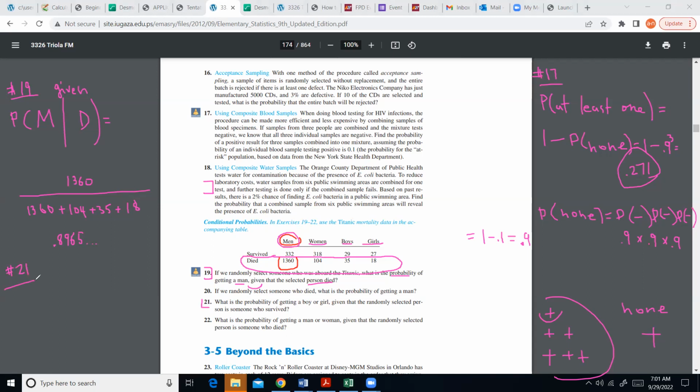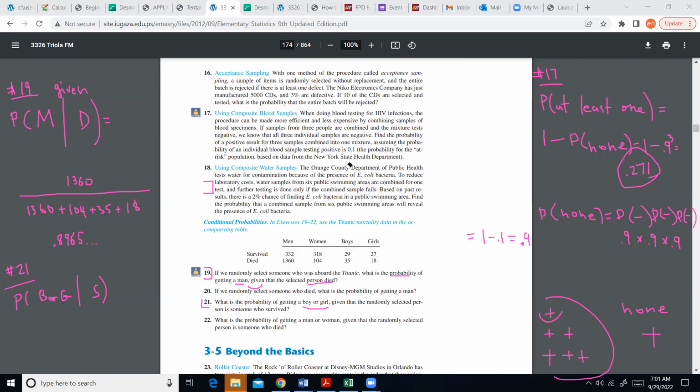That says, what is the probability, again call it P, that it is a boy or a girl, so that's what we want to find, boy or a girl. And then they use the word given, that someone had survived. So we have a different given part in the sample.